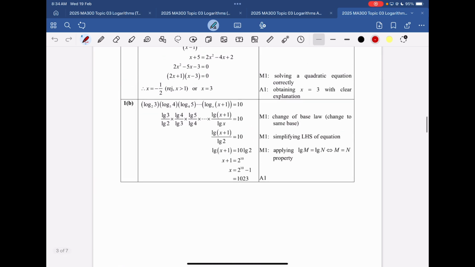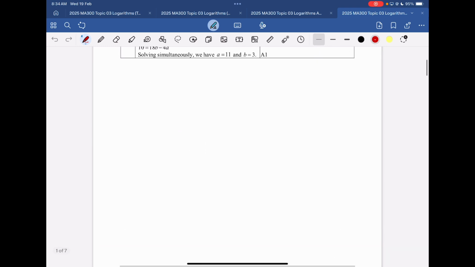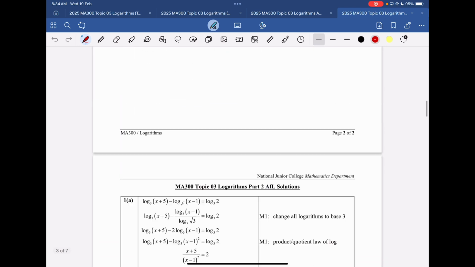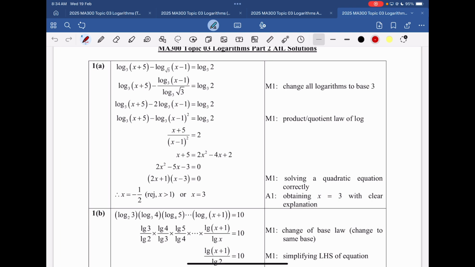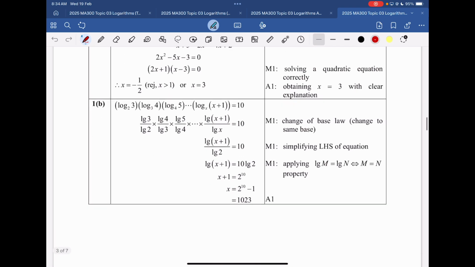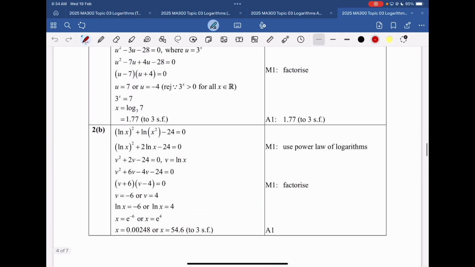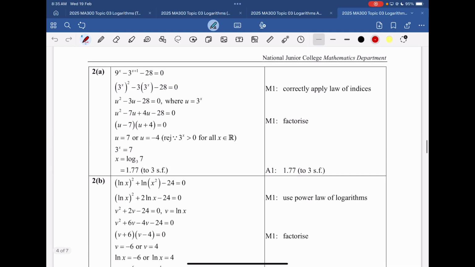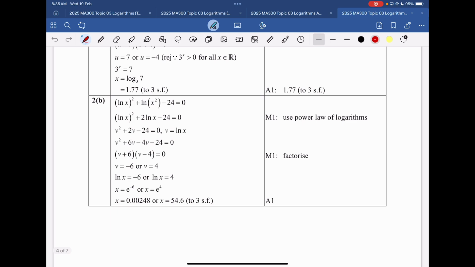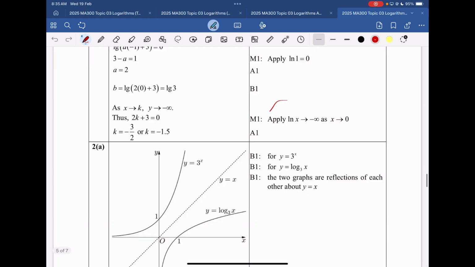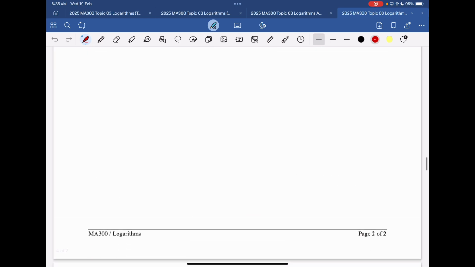Okay, x equals 3, you reject. B is 1023. 2A is 1.77. B is 0.00248 or 54.6.